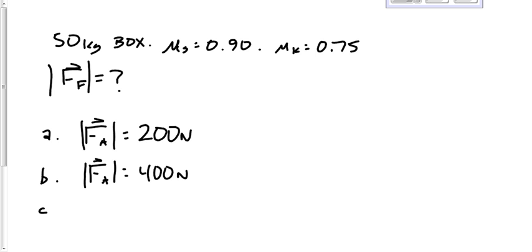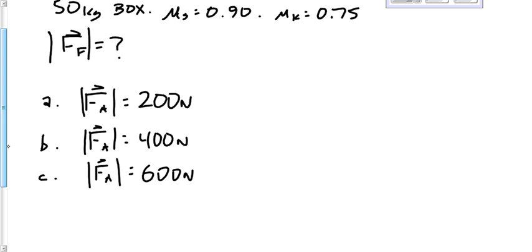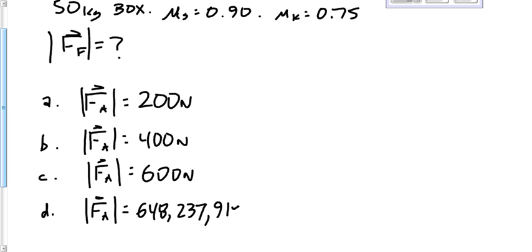What about when my applied force is 600 newtons? And what about when my applied force is 648,237,919.7146 newtons? What's my force of friction then?